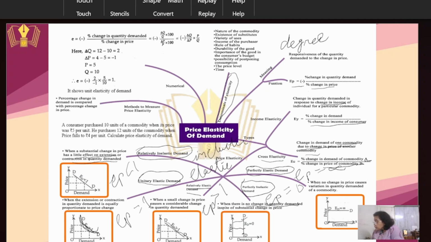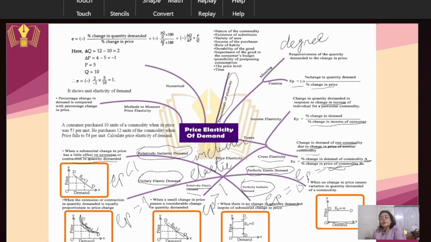But semi-durable goods like t-shirts and shoes, which cannot be used for a very long period, are found to have relatively elastic demand. And perishable goods, that is non-durable goods like milk, are found to have relatively inelastic demand.